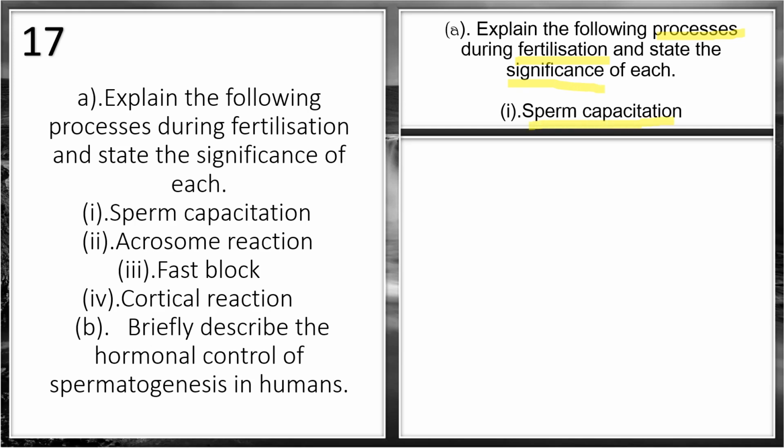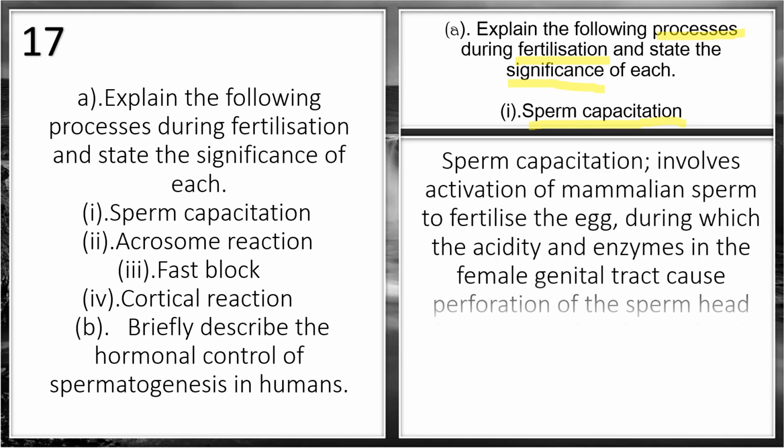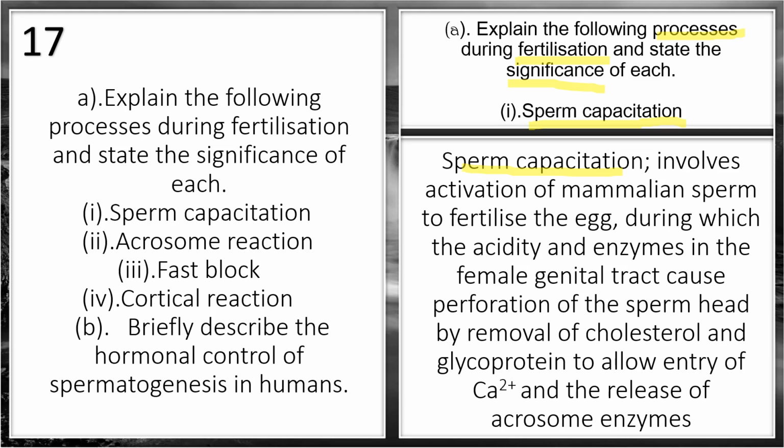We shall start with sperm capacitation. Sperm capacitation involves the activation of the mammalian sperm to fertilize the egg, during which the acidity and enzymes in the female genital tract cause perforation of the sperm head by removal of the cholesterol and the glycoprotein to allow the entry of calcium ions and the release of the acrosome enzymes.